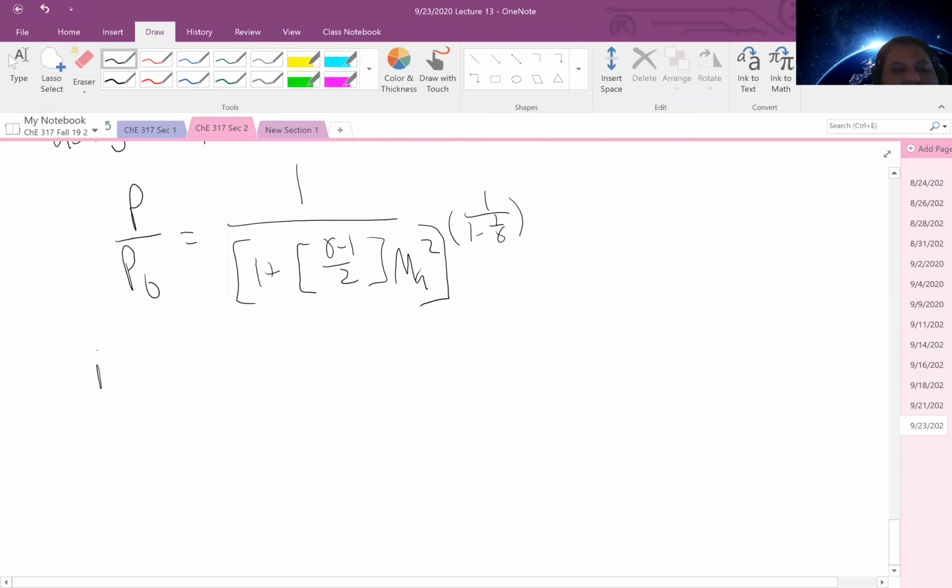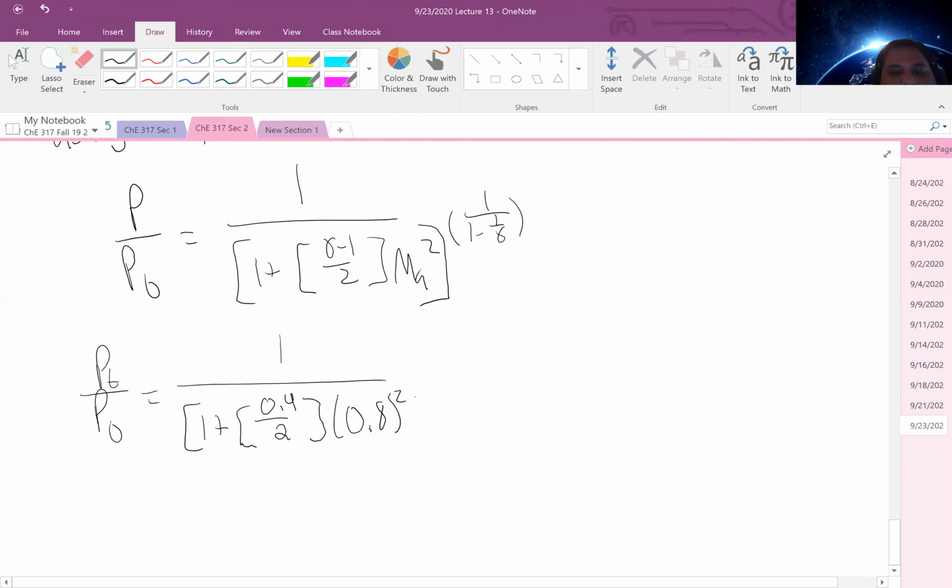So we're looking for this pressure of the throat over our P naught. We have 1 divided by 1 plus 1.4 minus 1, which is 0.4, divided by 2, times the Mach number of the throat squared, which is 0.8 squared, all to the power of 1 divided by 1 minus 1 over 1.4.